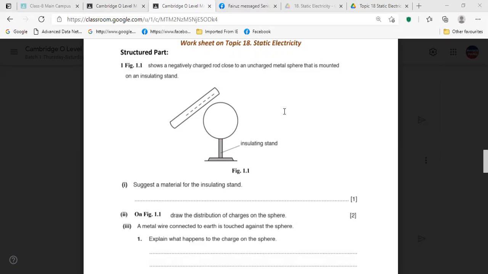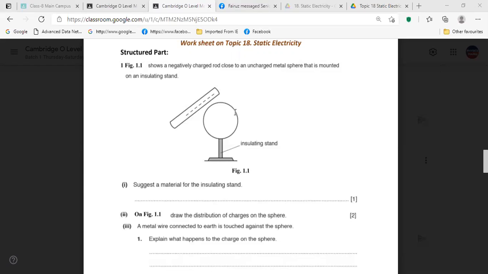Can you show the distribution of charge, Monica? Sir, it will be hard for me to type or write something on the side. Adrita can do. Sorry, sir. Today I joined from my phone.